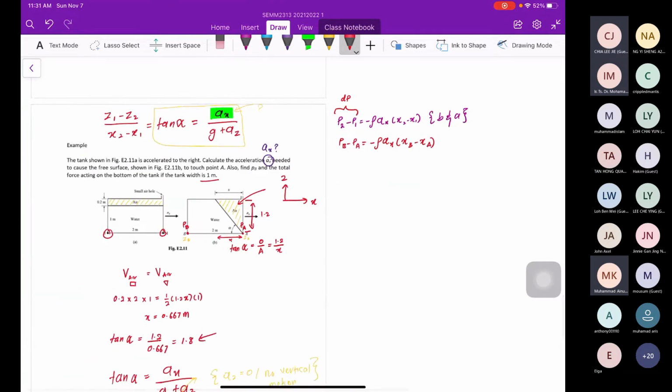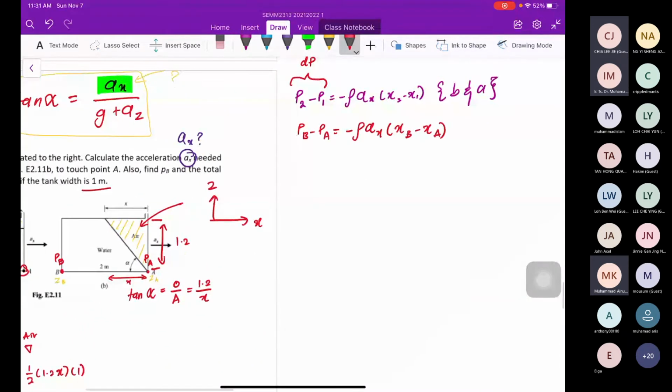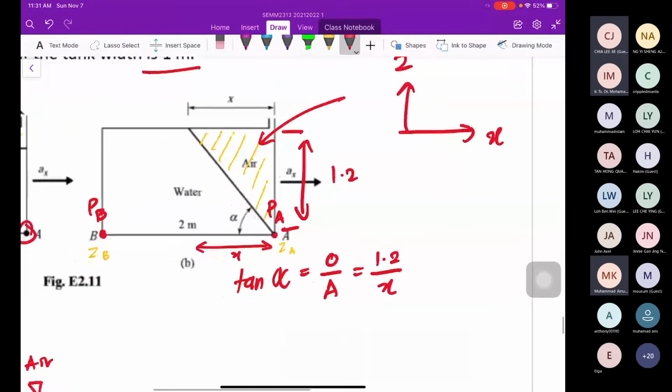So, just substitute. What do you think of PB? PB we need to find, right? We need to discover it. How about PA? What is the value of PA? You can see point A is exposed to what?